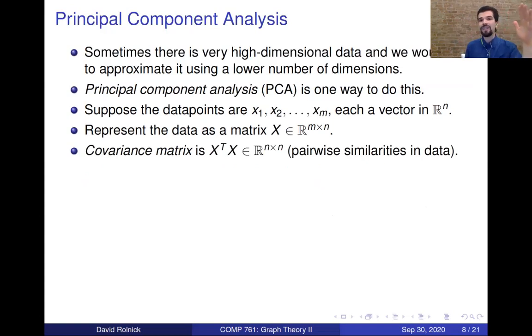So you're looking at how similar different data points are with each other. And then you're decomposing that into eigenvectors and looking at how to represent individual data points in the basis of eigenvectors.